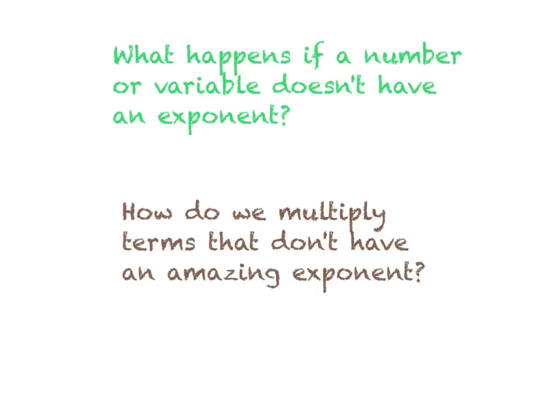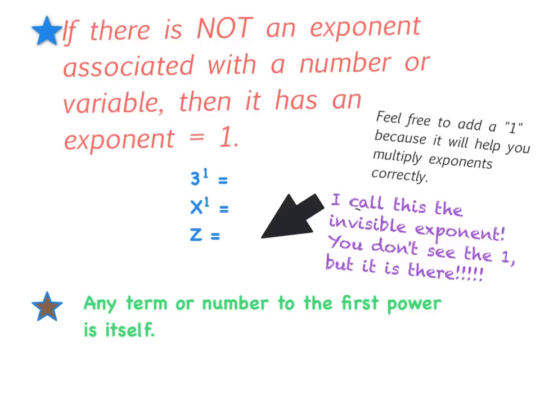What happens if we have a number or variable that doesn't have an exponent? How do we multiply those with other exponents? Okay, I referred to this earlier. If there's not an exponent associated with a number or variable, then it automatically has an exponent of 1. So 3 to the first power means 3.